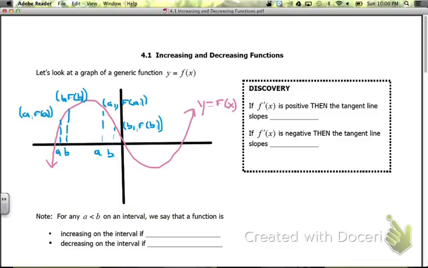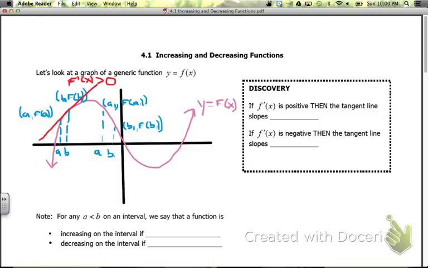You'll notice in our first part here we have a and b. Now looking at our tangent line between a and b, if we draw our tangent line there, you'll notice that our tangent line is positive, and therefore we know that our f prime of x would be greater than 0.